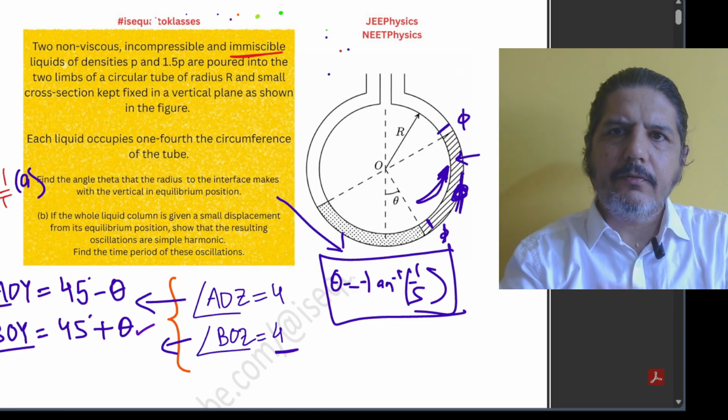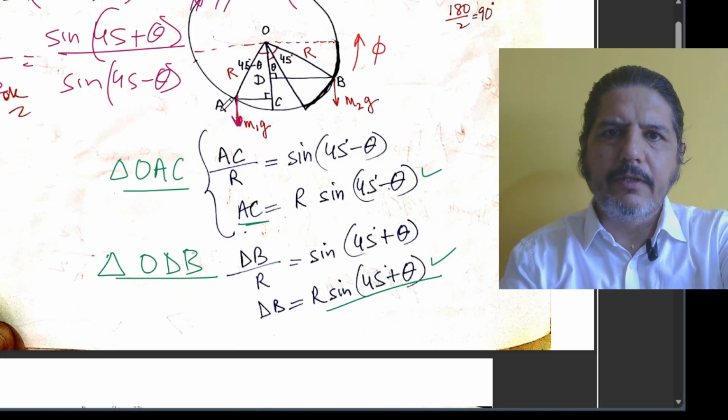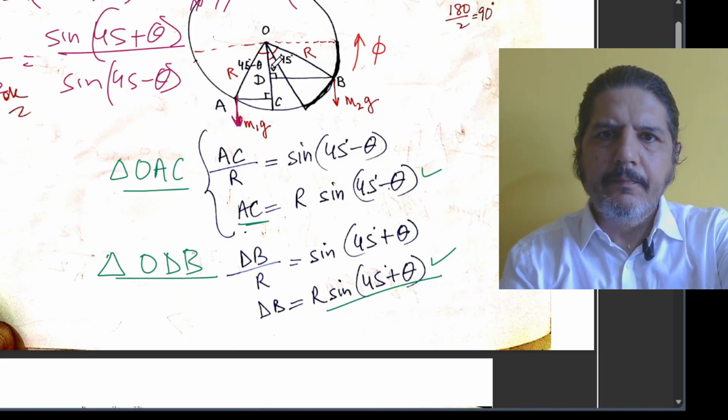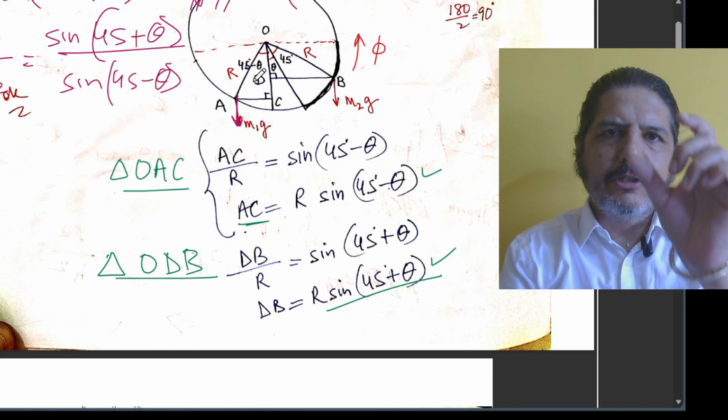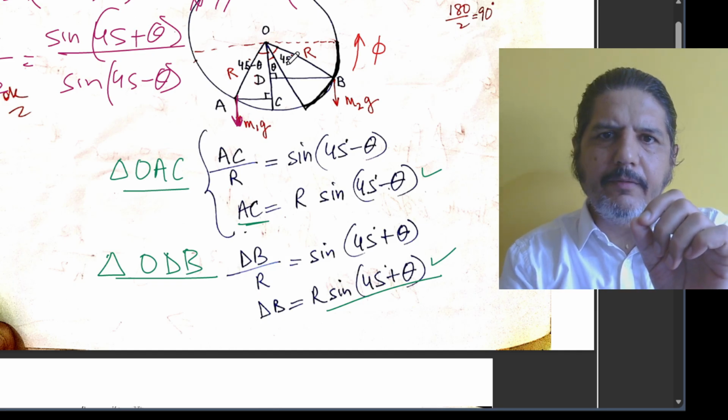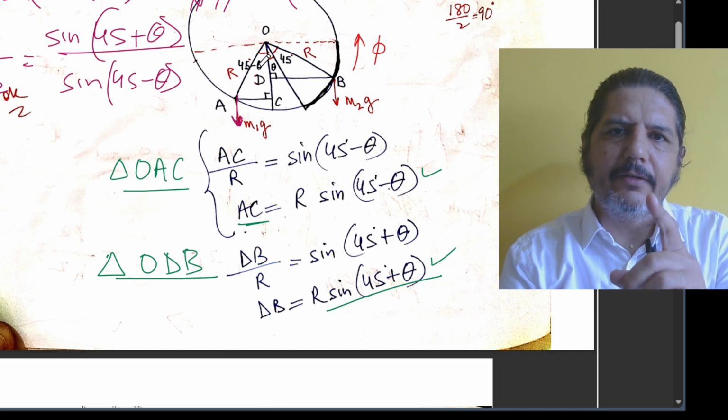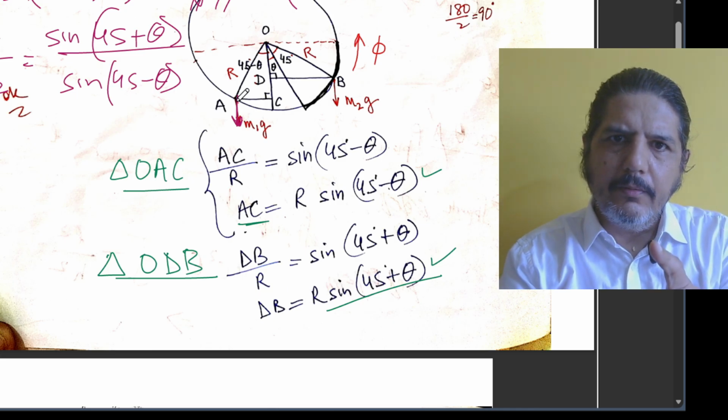Once this rises up by phi, this angle 45 minus theta will decrease. 45 plus theta will increase by phi and 45 minus theta will decrease by phi. Why? Because this will become closer.